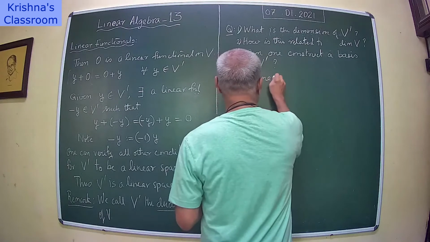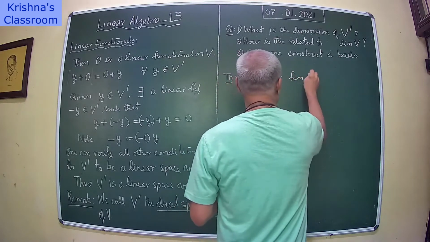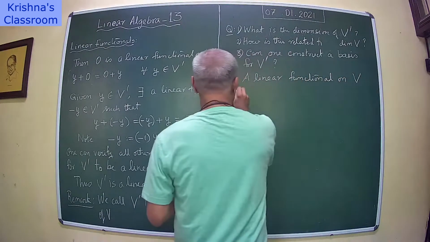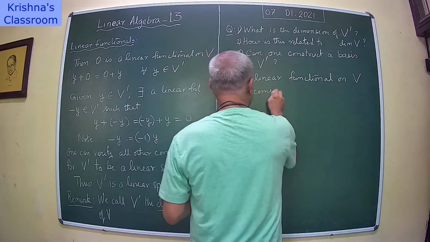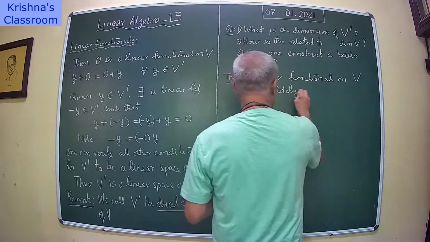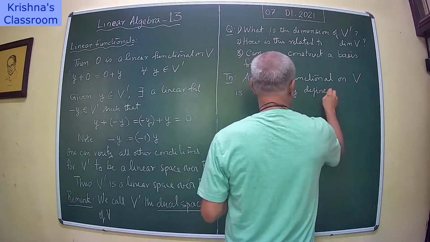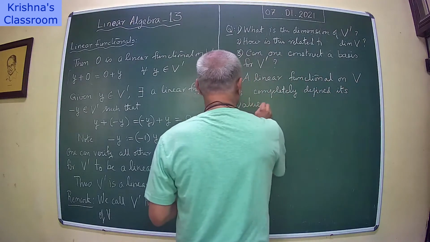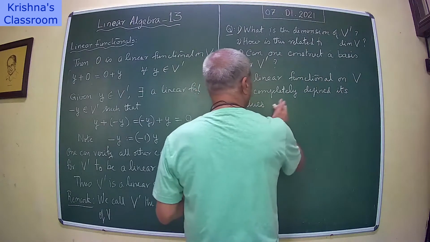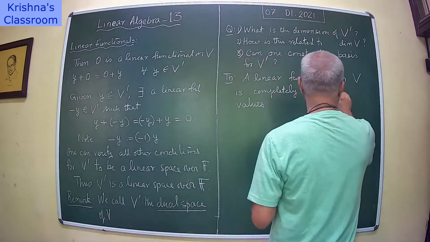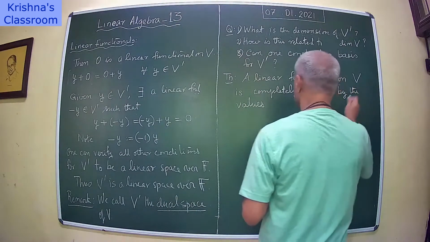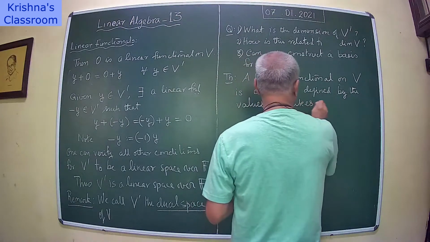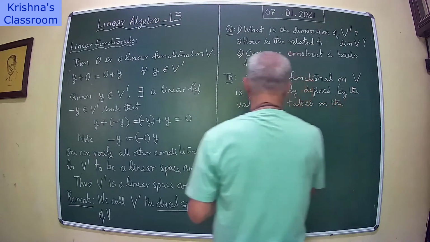A linear function on V is completely defined by the values it takes on the elements of the basis.